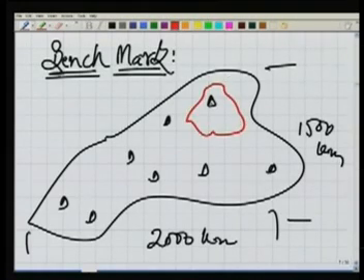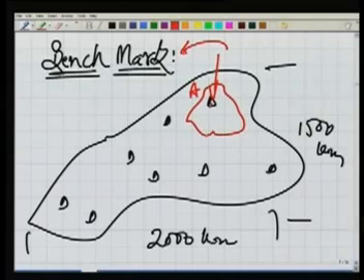Let us say this point is A, whose height from the mean sea level is accurately established by some method. So those points for which we know the elevations from the mean sea level accurately, we say those are benchmarks.